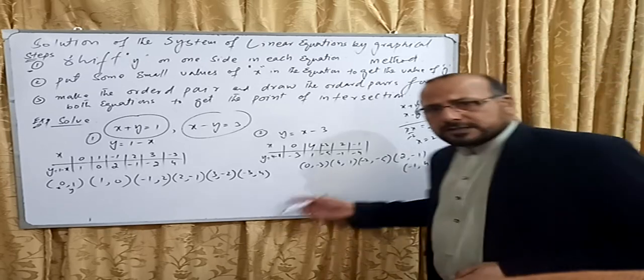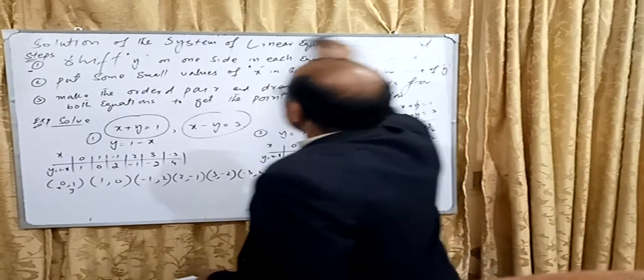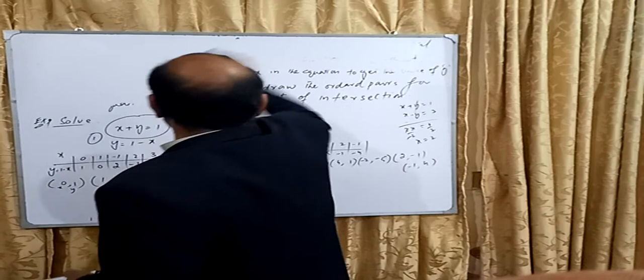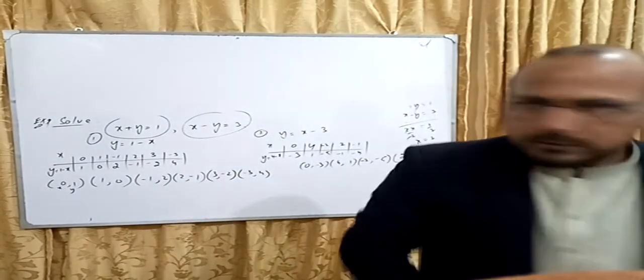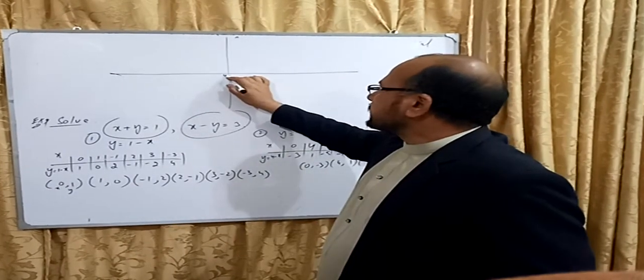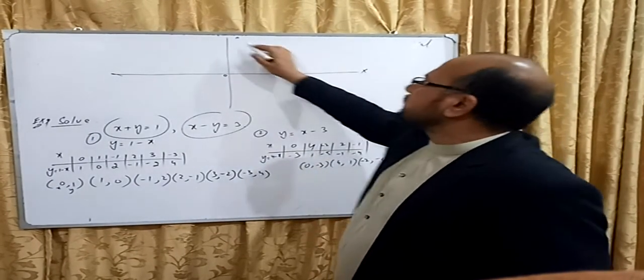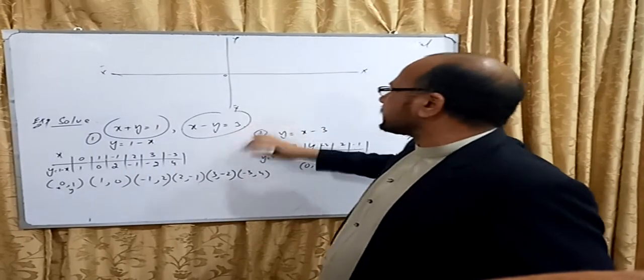Now after getting these ordered pairs, you have to draw them and check whether they are intersecting each other or not. So you have to draw the xy plane like this. This is the origin, the x-axis, the y-axis, the x bar axis, and the y bar axis.